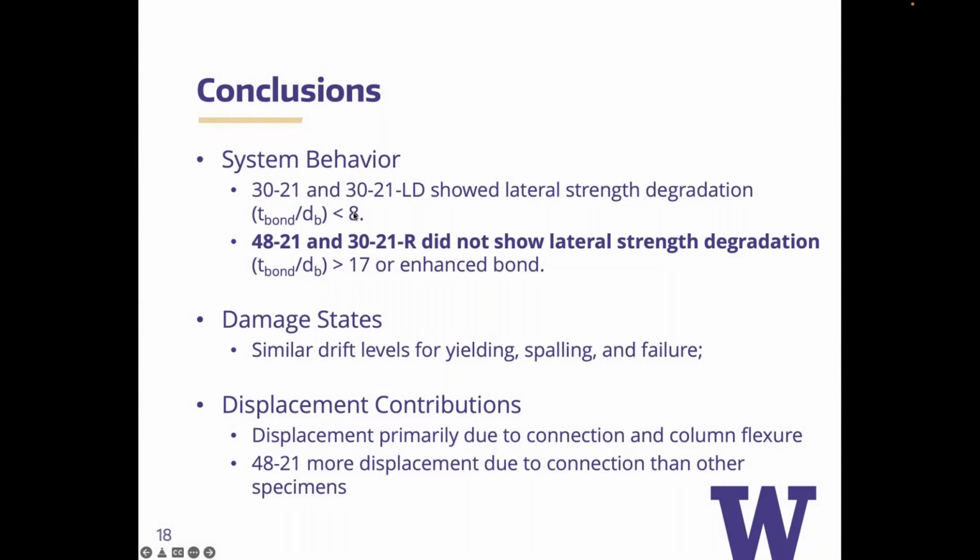In contrast, we saw that specimen 4821 and really 3021R didn't show as much lateral strength degradation in terms of cycle within a cycle. And one of the things we know from that is that adding that rib is allowing the specimen to act as though it has a lot more concrete.